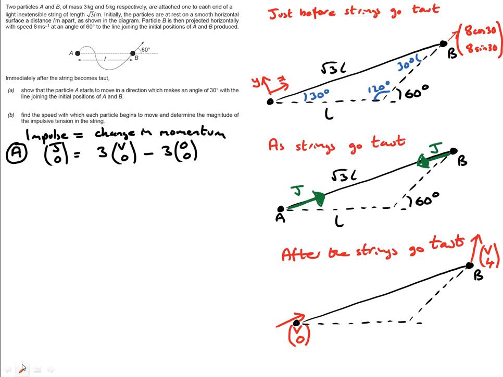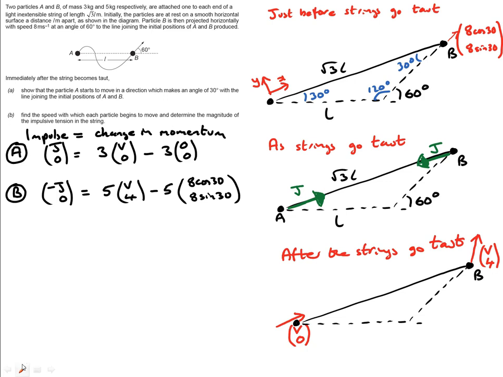And applying the impulse equals change in momentum equation to B, the impulse acting on B is minus j in the x direction and 0 in the y direction.